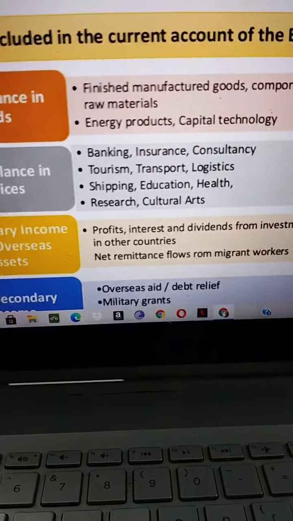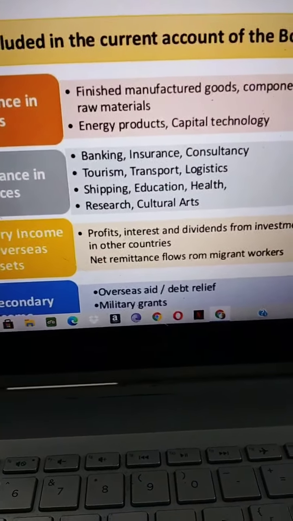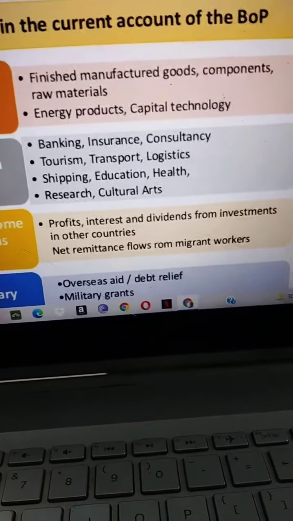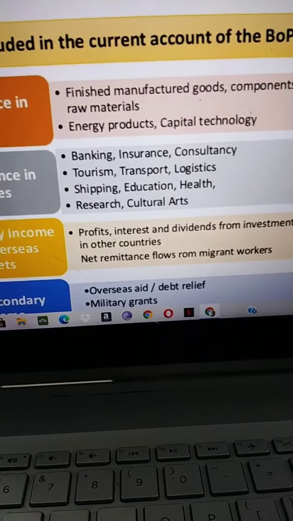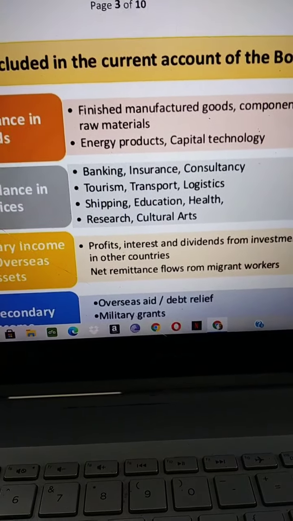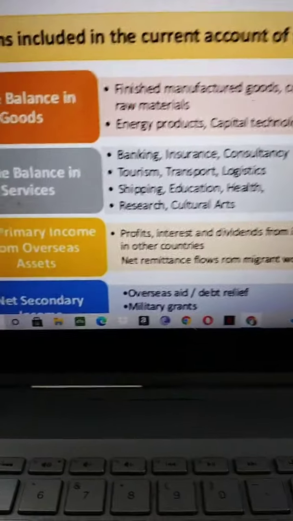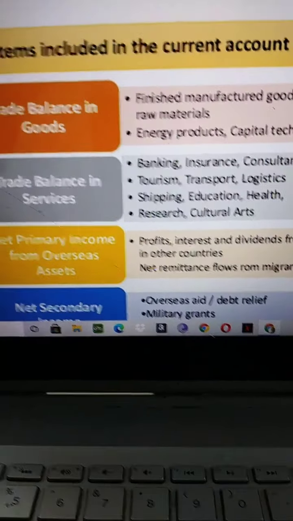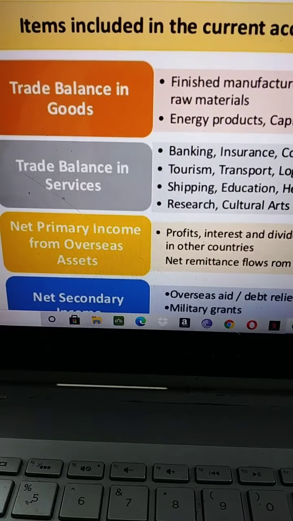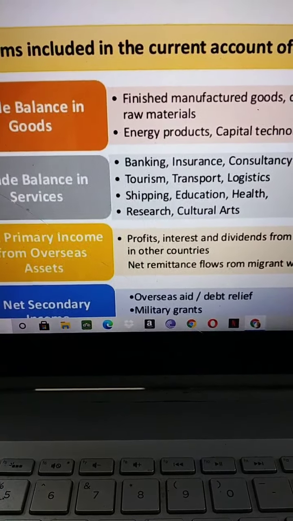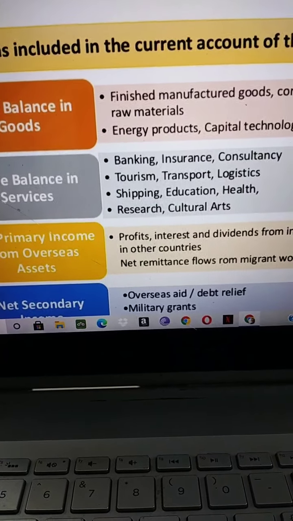So this third component includes profits and interest and dividends from the investment in other countries, and the remittances sent by people from, let's say, UK to Pakistan. That will be an inflow for Pakistan. But if some Britisher living in Pakistan is sending out money to UK, for example, that is the remittance which is going out of the country.